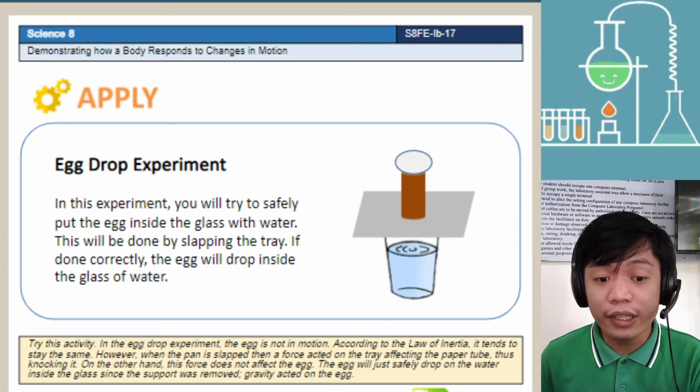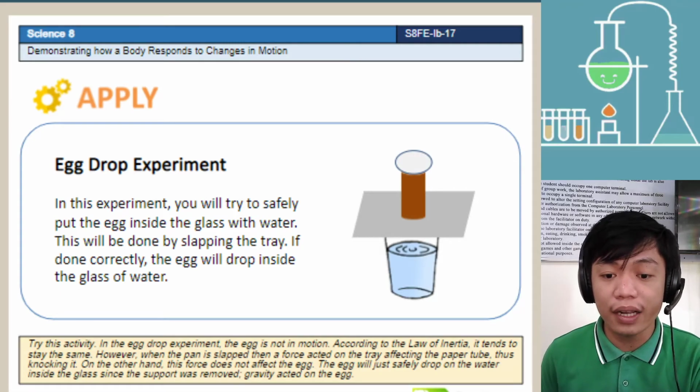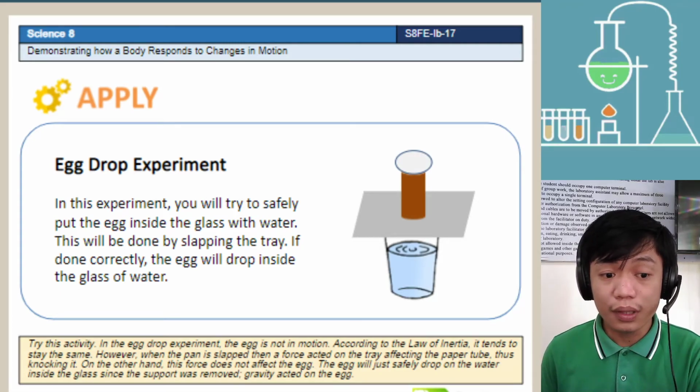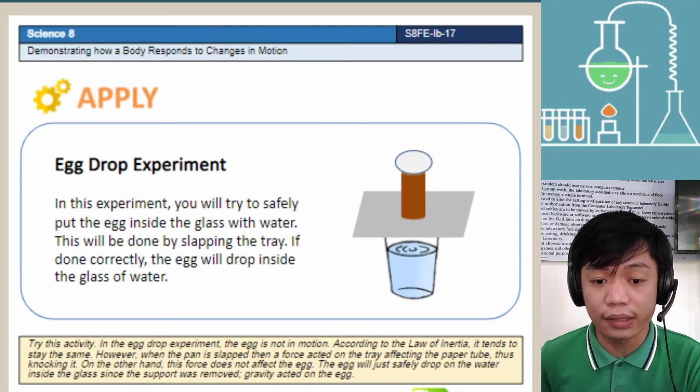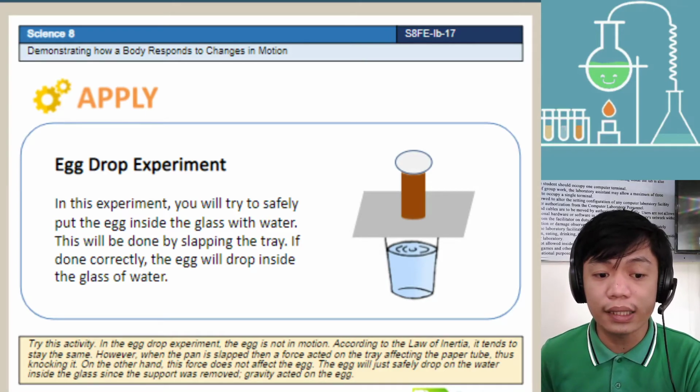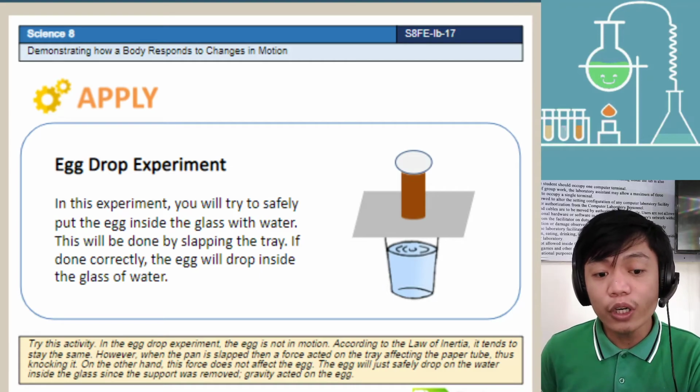However, when the pan is slapped, the force acts on the tray affecting the paper tube, thus knocking it. On the other hand, this force doesn't affect the egg. The egg will just safely drop into the water inside the glass, since the support was removed.